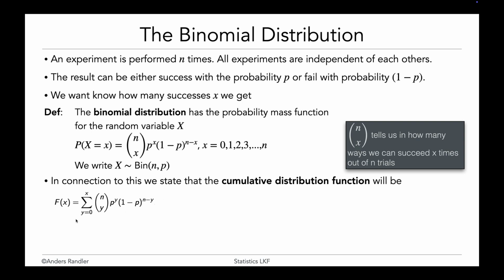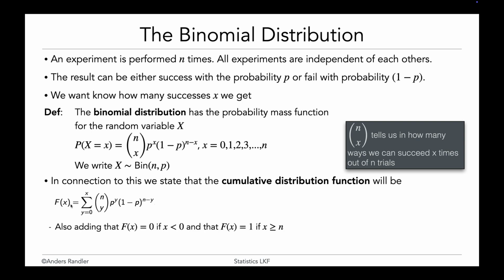And it might look a bit strange, but what you do is, let's say you flip a coin 10 times and you want to know what is the probability that you will succeed 3 times or less. Well, then you will add the probability to succeed 0 times, 1 time, 2 times, and 3 times. Hence you have this summation of, in that case, 4 different cases. And that is basically what this says. Take the sum from 0 up to the number that we're talking about.